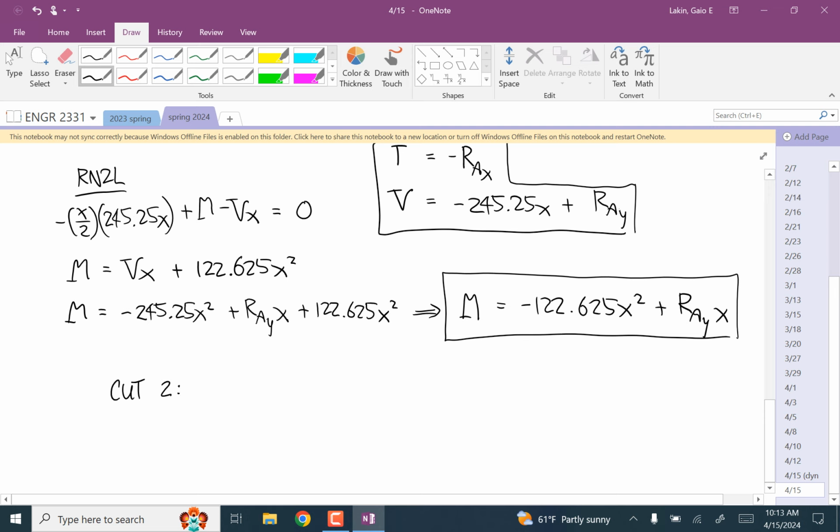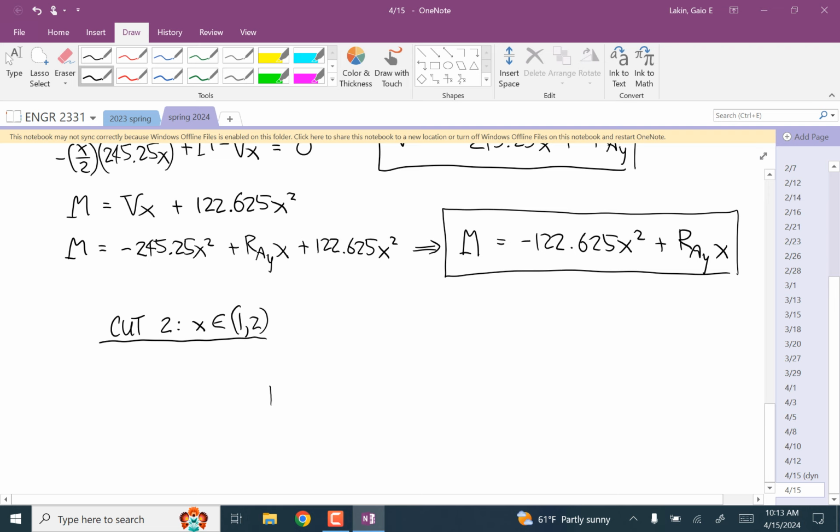So cut 2, x goes from 1 to 2. You have RA. This time we have made it to the 5,000 Newton force. And we still have a weight force of 245.25x.